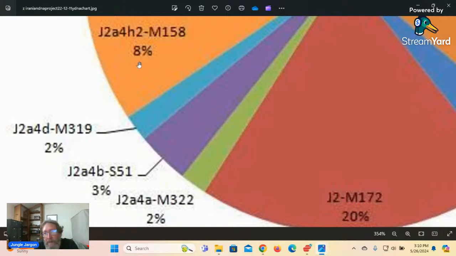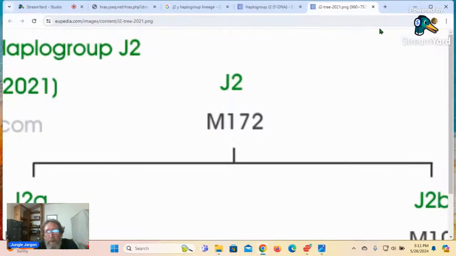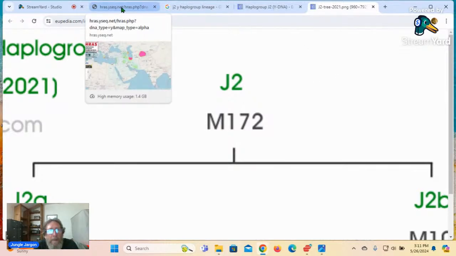M158 is 8%. So there's still other J2s besides M172, which I suppose could be other Israelite tribes, or they could be just branches off. I don't know. But it's not under this designation of M172. I suppose it could be Arabic or something like that, or Hebrew.